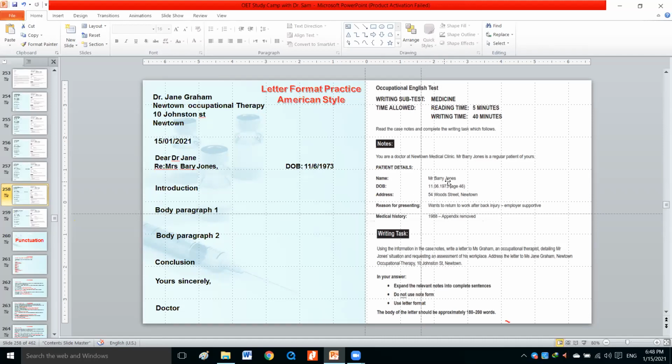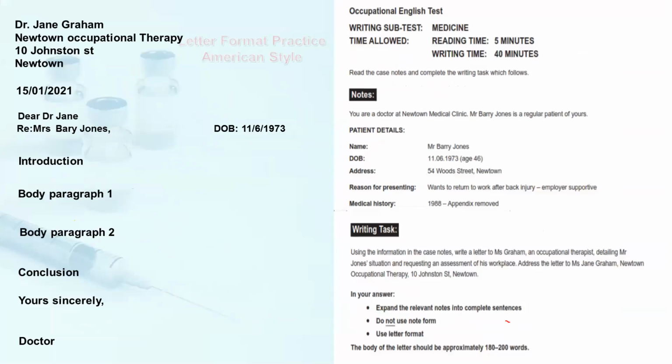As you see here, Barry Jones, this is the name of the patient, while the recipient is Jane Graham. So the Graham is Graham. There is no mistake in the name of the doctor.